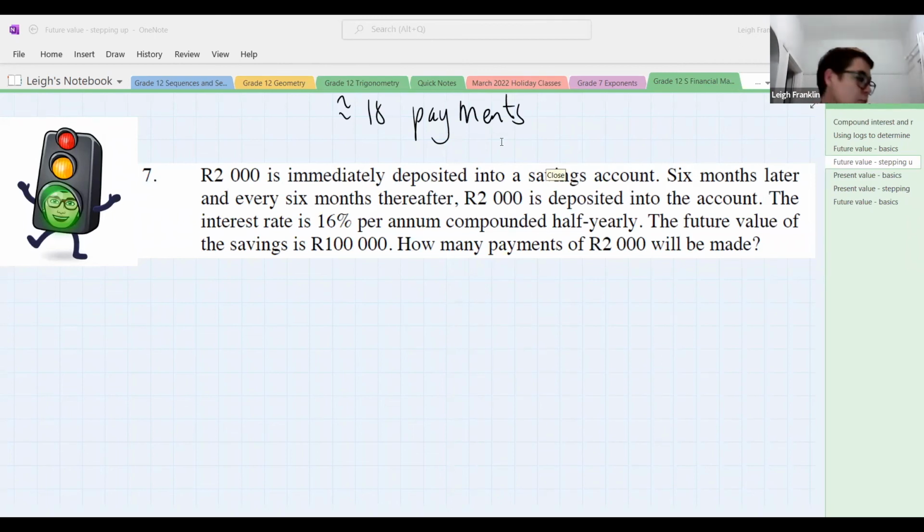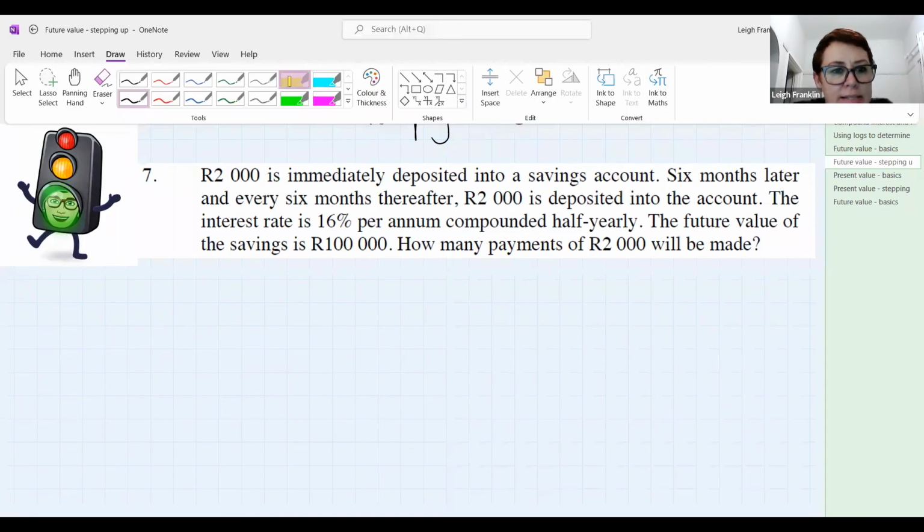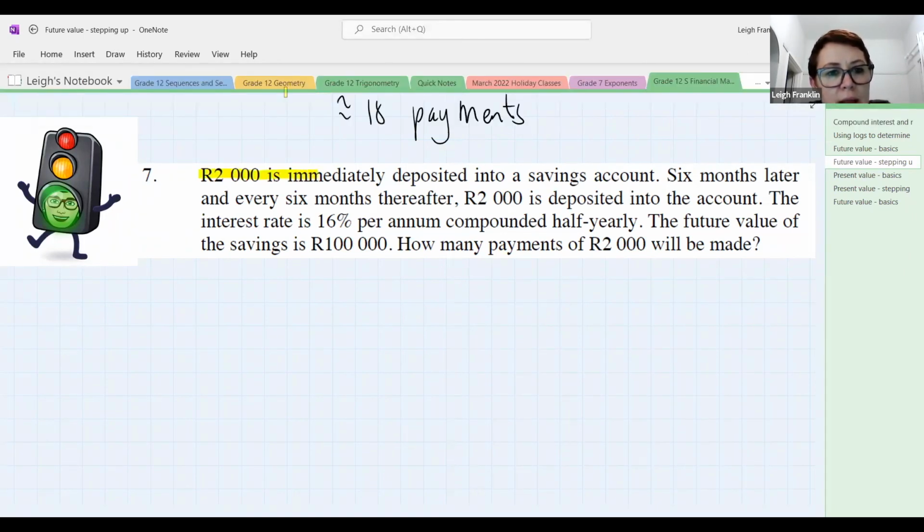Okay, so what I'm interested to know is, it says to us here that 2,000 Rand is immediately deposited into a savings account. Under normal circumstances, when we say there's an immediate deposit, that means there has been one at T0.